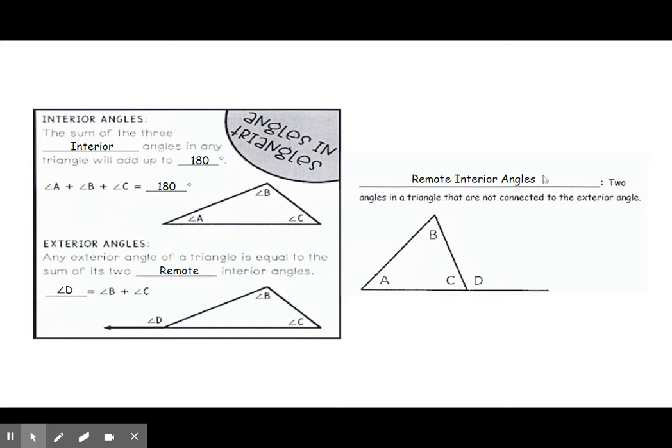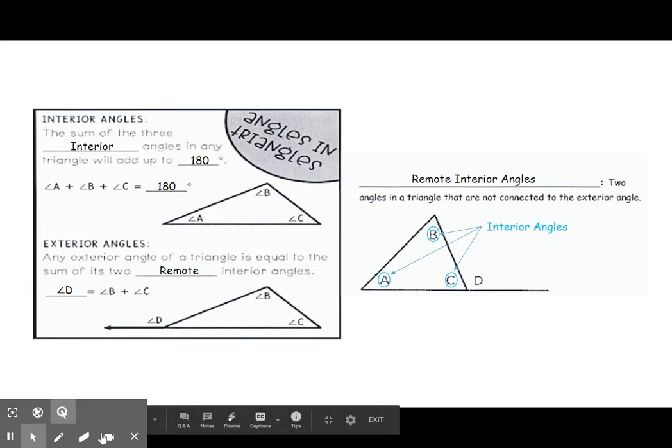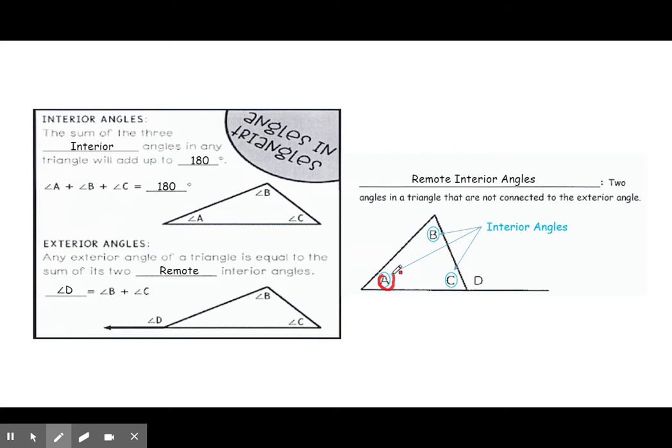They are the two angles in a triangle that are not connected to the exterior angle. In a triangle we have three interior angles, but only two remote interior angles, the two furthest away from my exterior angle.